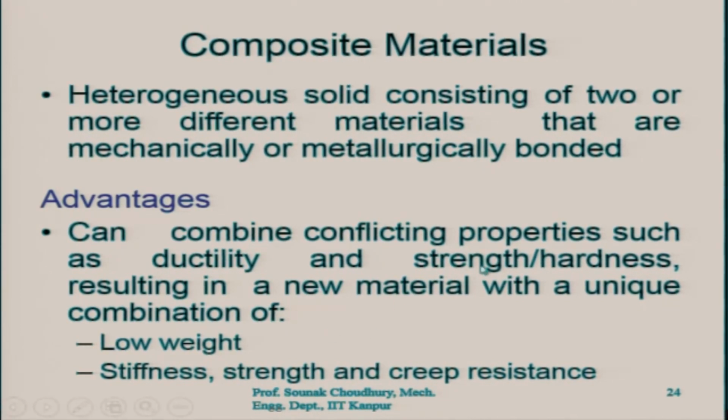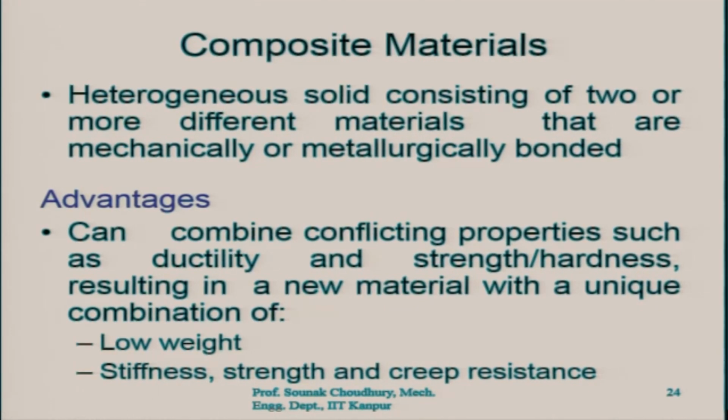If you have high strength, it may not have ductility. If you have high hardness, it will not have ductility and so on. In the case of composite material, this is the advantage, that it can combine these conflicting properties. It can have ductility as well as hardness, for example.